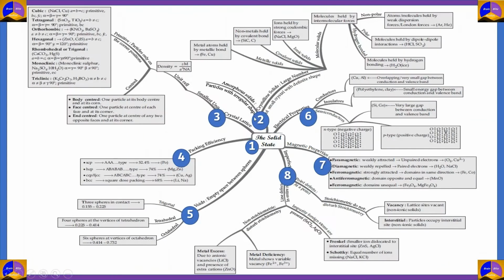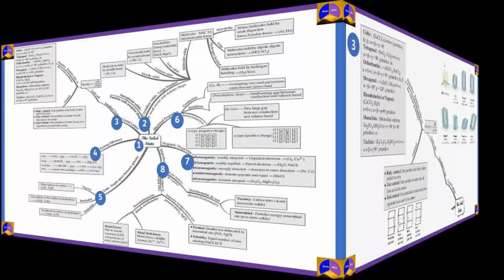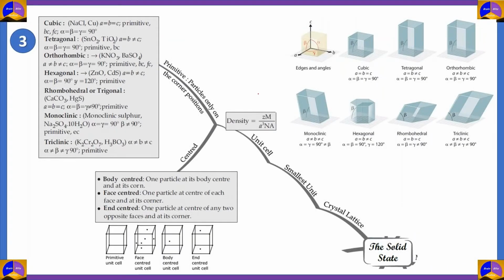Next, we look at a crystal lattice. What is a crystal lattice? Now, in solids, there is a main characteristic. Crystalline solids have a unique characteristic of regular and repeated patterns of constituent particles.